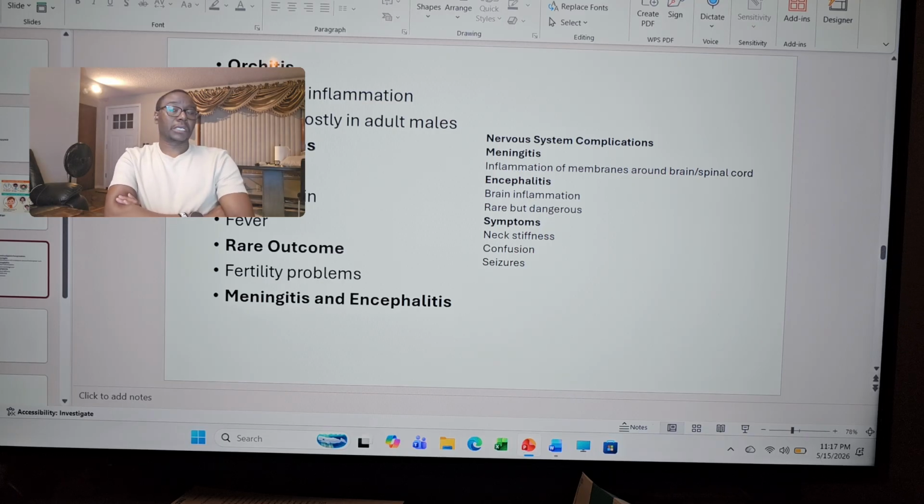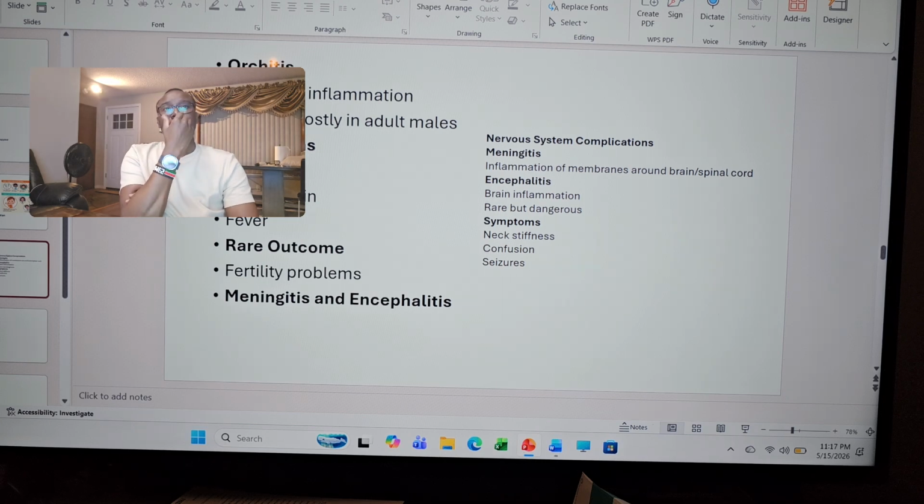Symptoms: swelling, severe pain, fever. Rare outcomes: fertility problem, meningitis, and encephalitis. It also affects some nervous system communication.